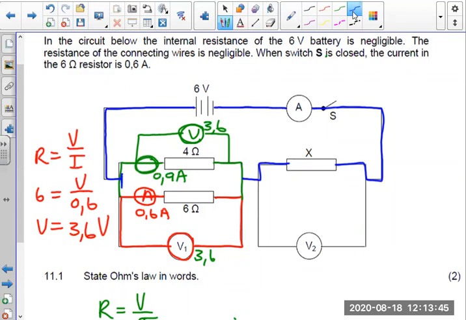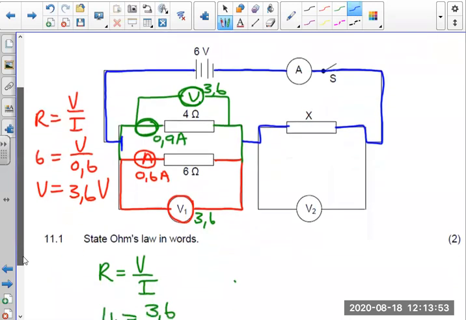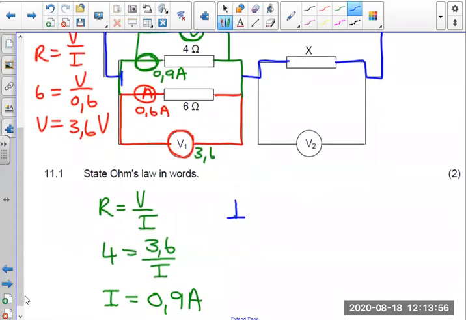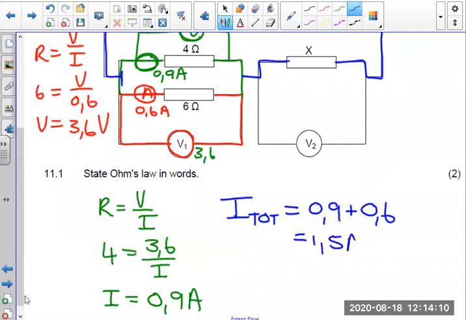So I total is going to be 0.9 plus 0.6, and then the answer is, of course, 1.5 amps. Okay, that would be the total ammeter reading. You know that you're going to add the current through the 6 ohm resistor and the current through the 4 ohm resistor to get the total current at the end.